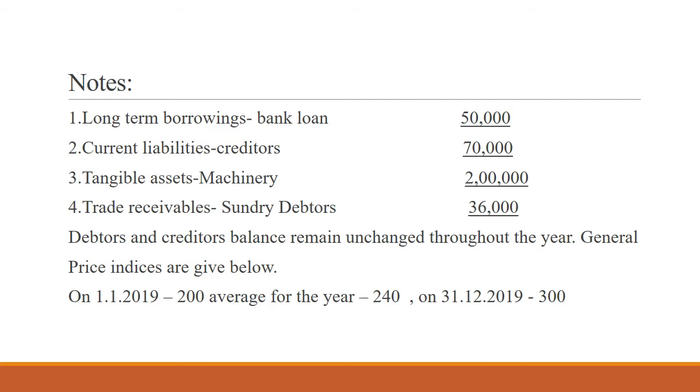That is the opening, 1st January 2019, with the price level index 200. The average for the year index becomes 240, and on 31st December 2019 it becomes 300. So these are the price indexes, and the average is considered as 240. For example, purchases can be made at any time.